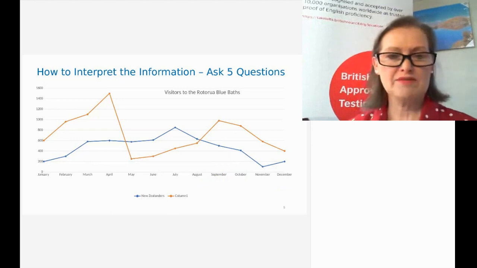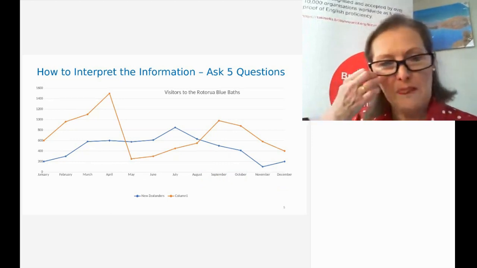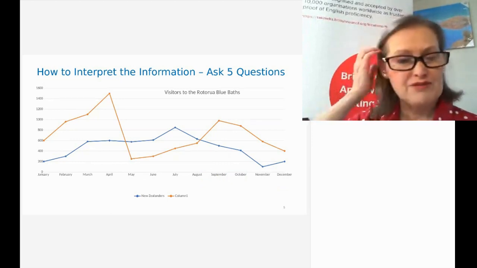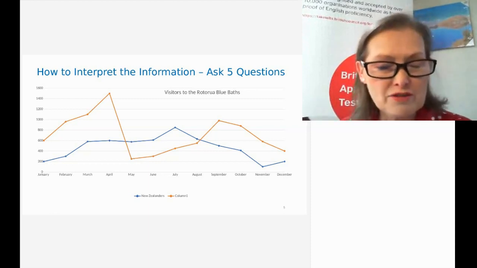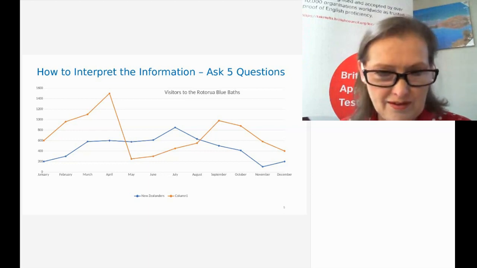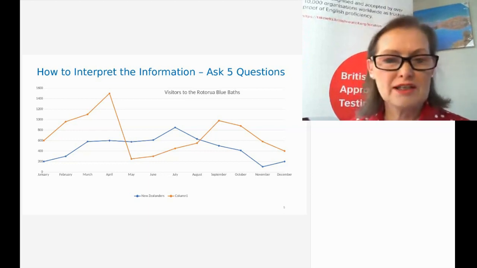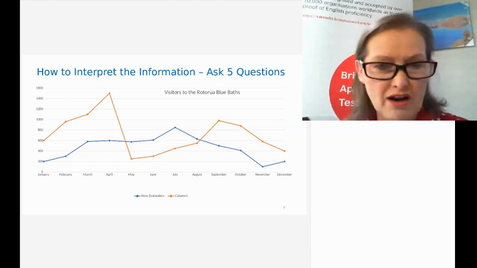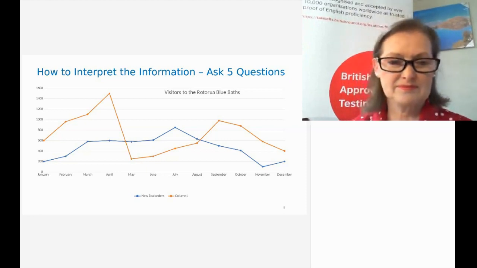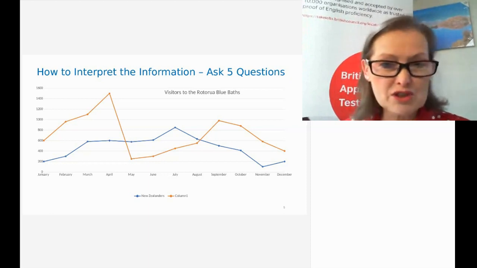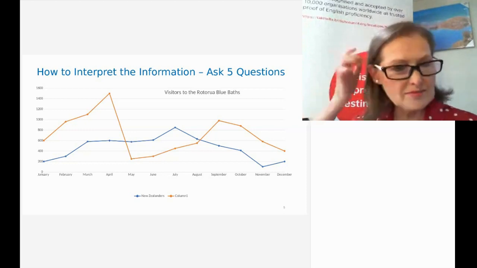So let's have a look at our first graph. And I just want you to spend a few minutes and think about those 5 questions and how you would analyze the data in this graph. So question number 1, what's my topic? Question number 2, what tense must I use?